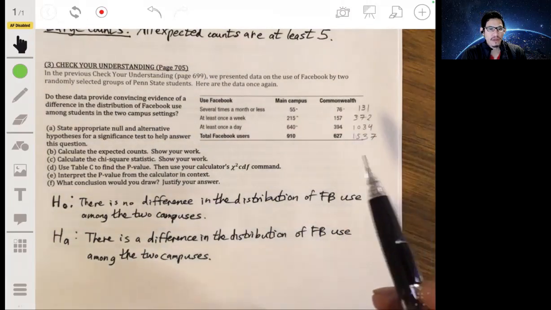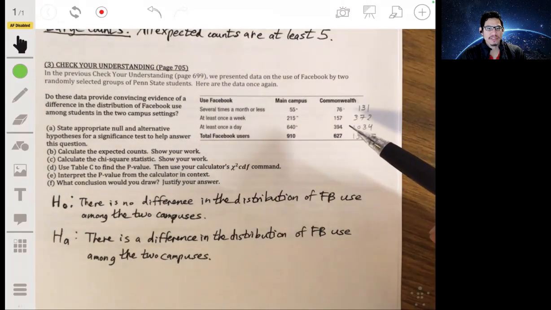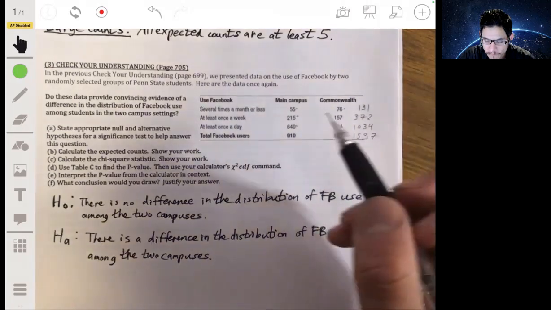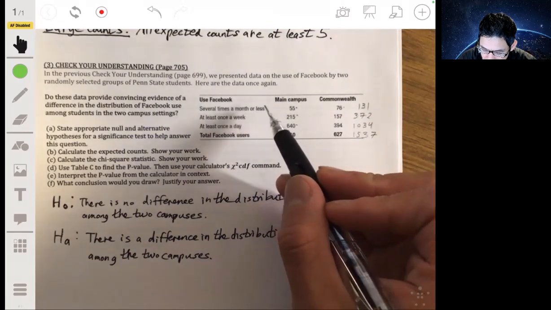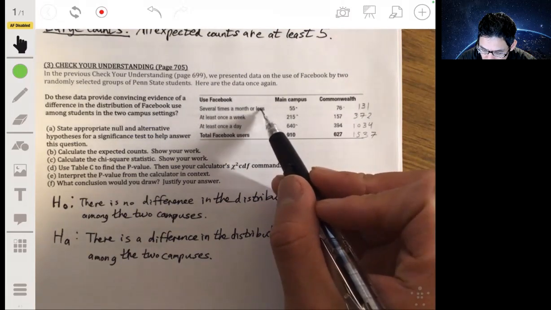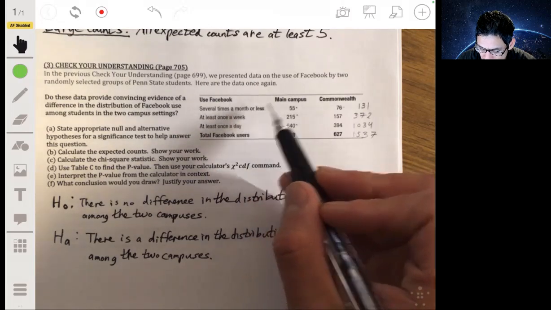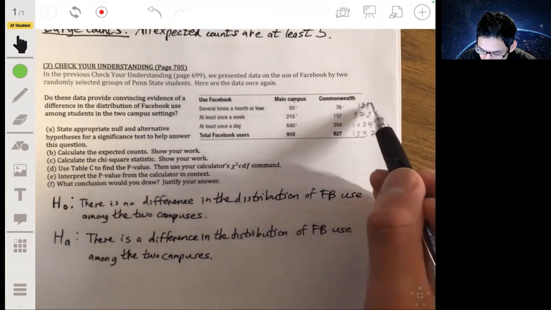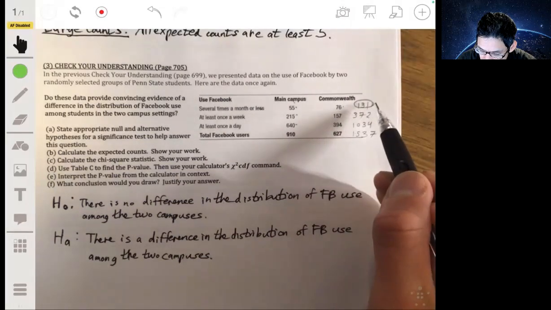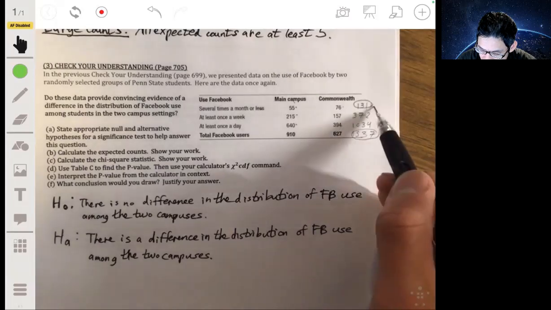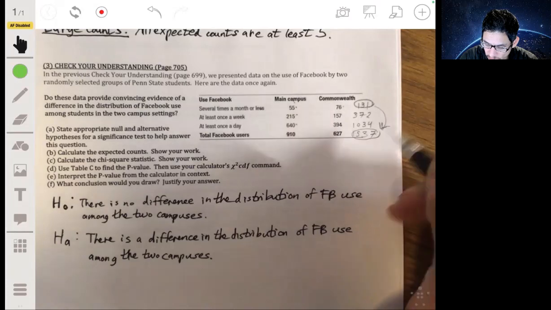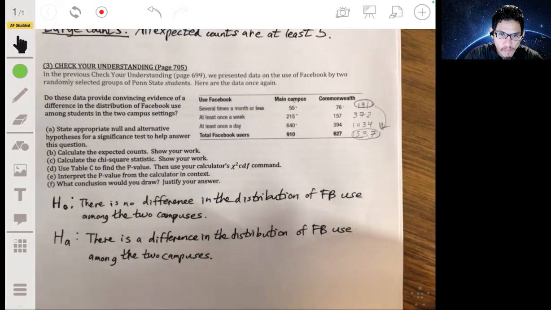Okay, so if there was no difference in the distribution of Facebook use among these two campuses, then we would have the same proportion using Facebook several times a month or less among each campus. Now that proportion would be found by taking this total and dividing by this. So 131 over 1537.